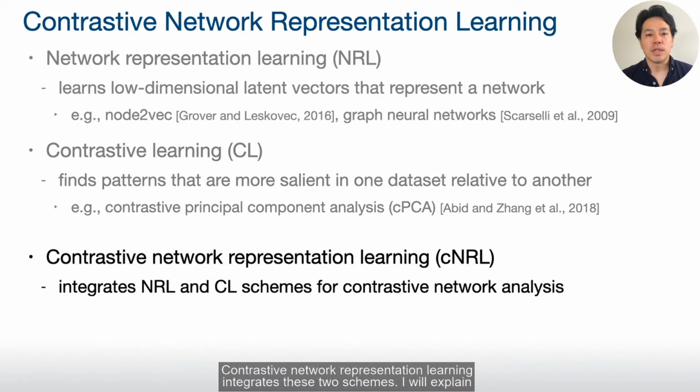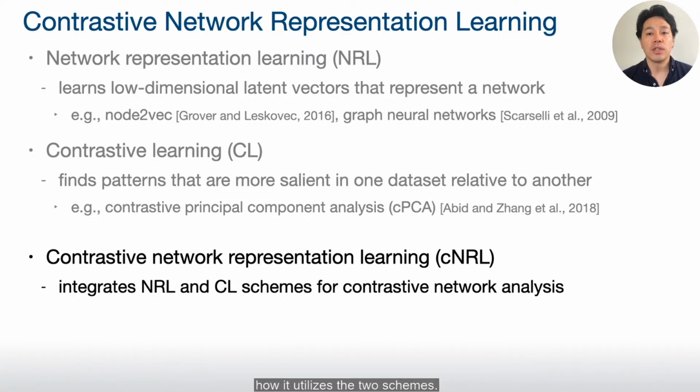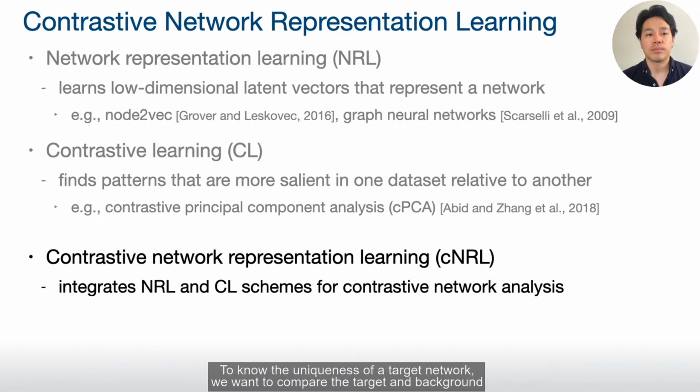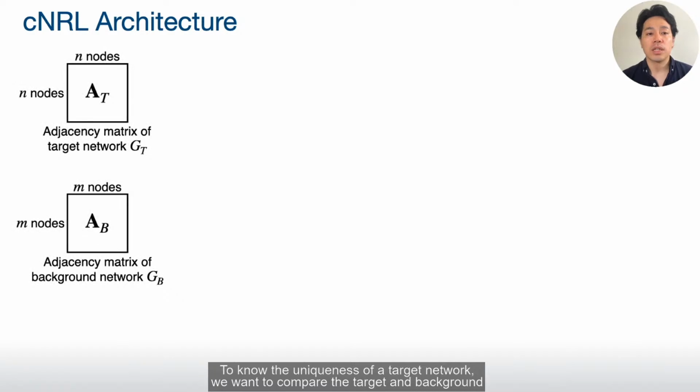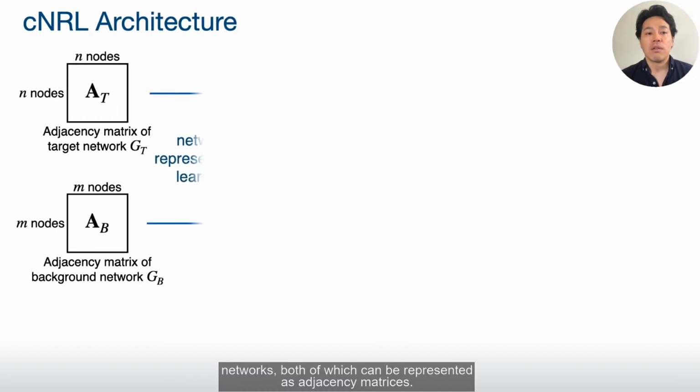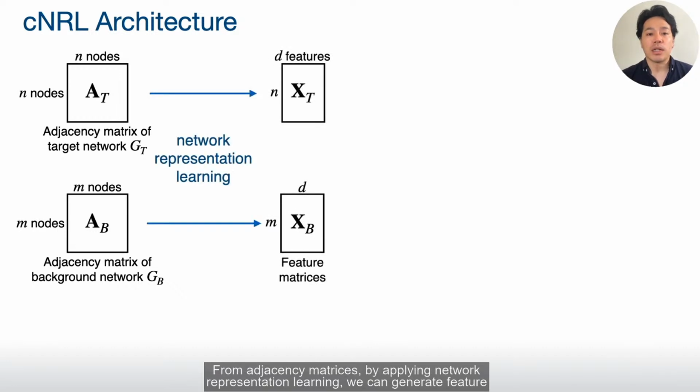Contrastive network representation learning integrates these 2 schemes. I will explain how it utilizes the 2 schemes. To know the uniqueness of a target network, we want to compare the target and background networks, both of which can be represented as adjacency matrices. From adjacency matrices, by applying network representation learning, we can generate feature matrices.